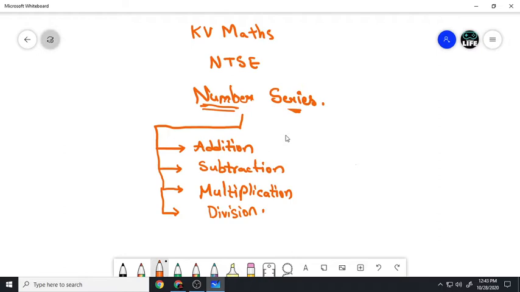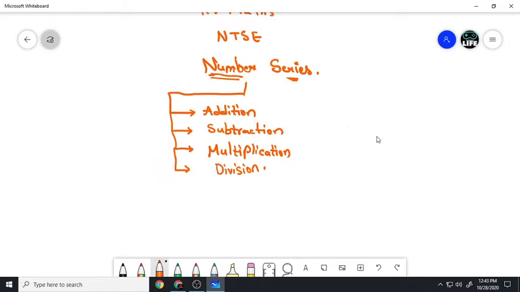So what is addition? If the difference between the first and the second number is very low, then there may be addition or subtraction. If the difference between the two numbers is very high, then they are multiplication or division.